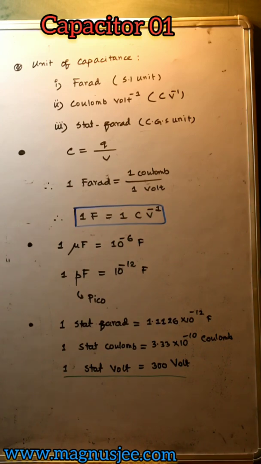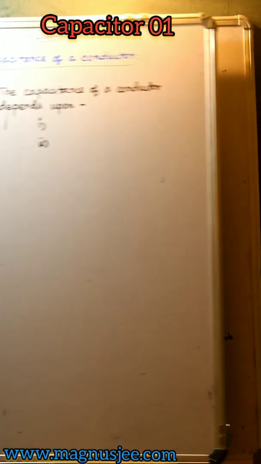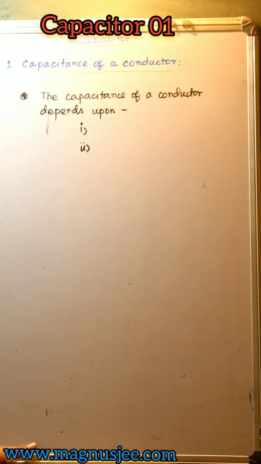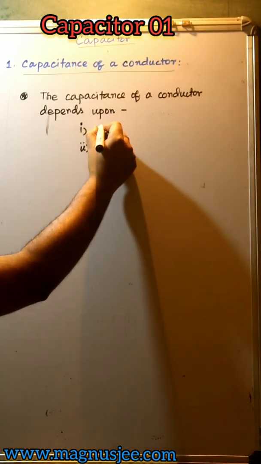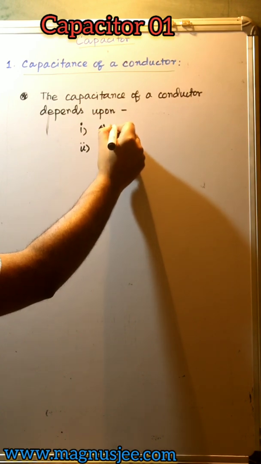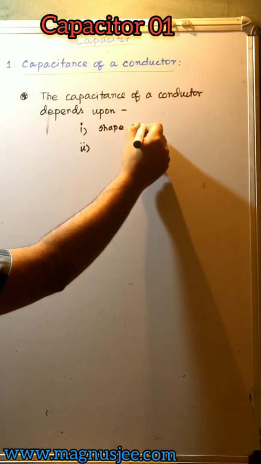Now, additional information: what are the factors on which the capacitance of a conductor depends? The capacitance of a conductor depends upon its shape and size.